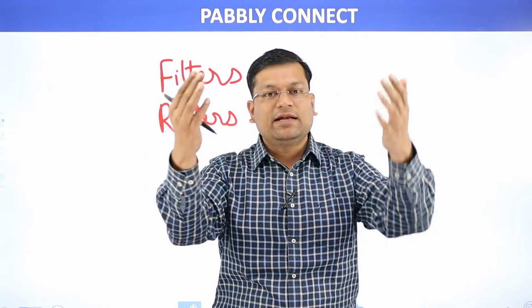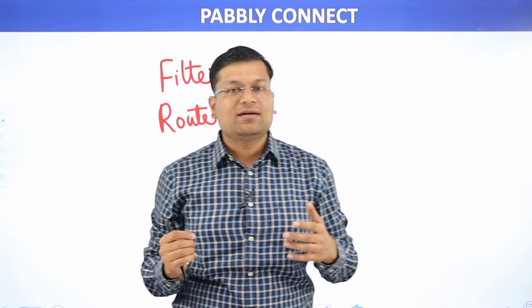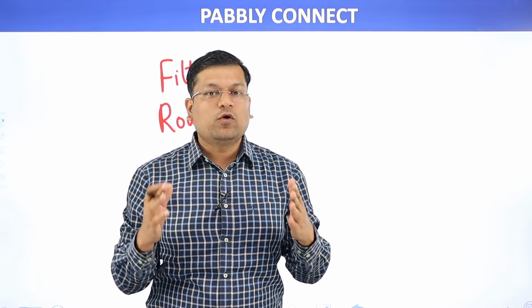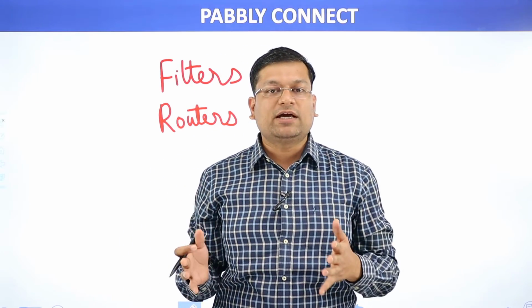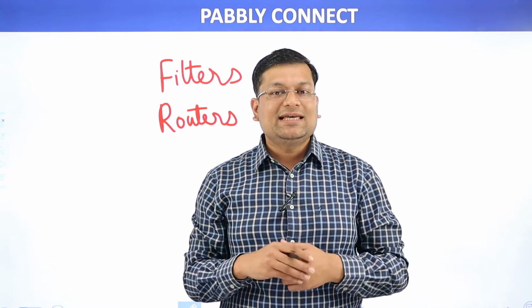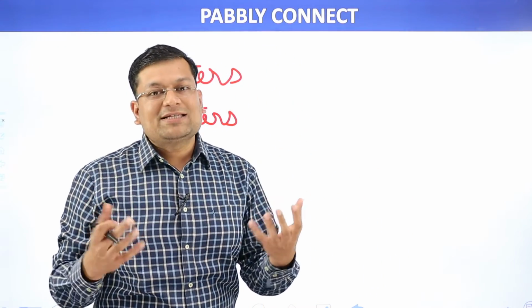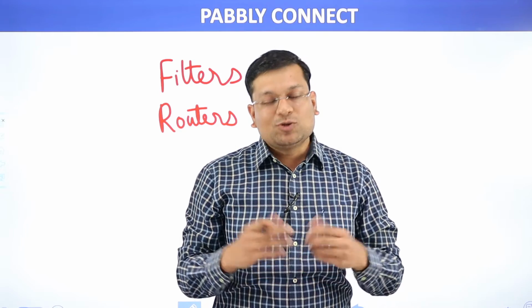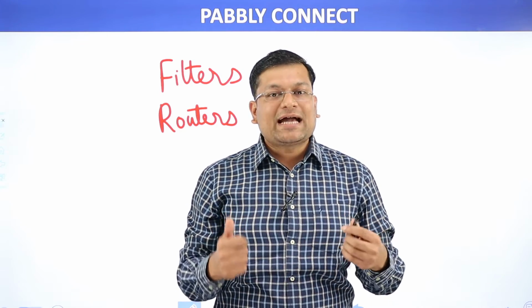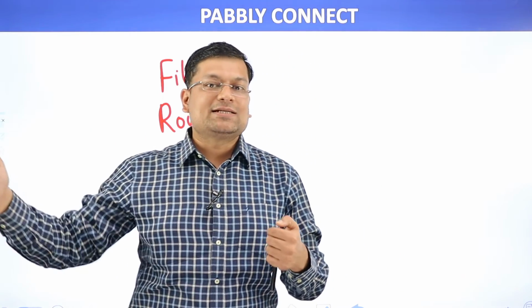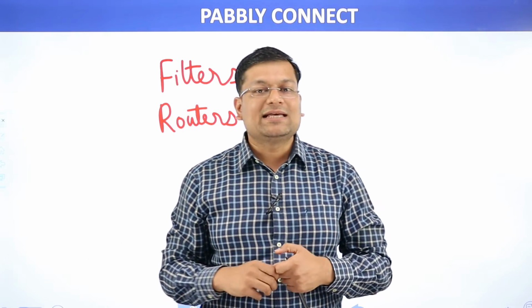Filter is something that, let's say if you are getting a long piece of data and you want to filter a certain portion of that data yourself, you can do that, and it is completely free whenever you use a filter. Similarly, if you use a router, it is again completely free. So you can imagine there are a lot of things which do not consume your task. Only the actions that you perform inside some external software cost you, and those are the things that you have to pay for.